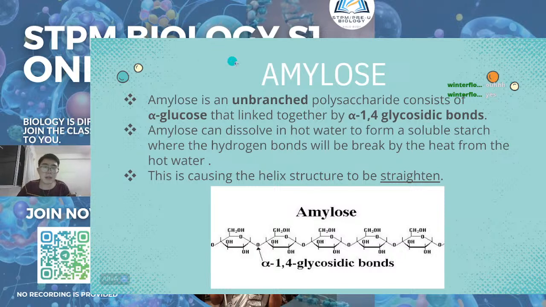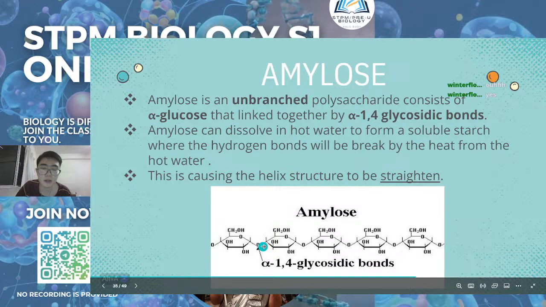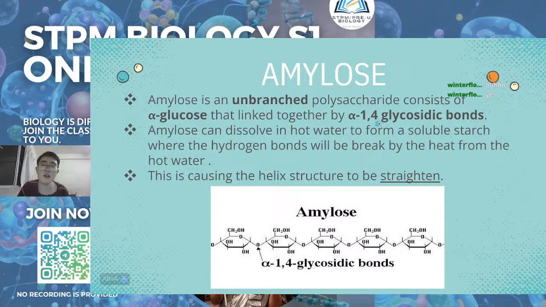For amylose, it is an unbranched polysaccharide. This is the keyword, unbranched. It consists of alpha glucose linked together by alpha 1,4-glycosidic bonds, because it is condensation of glucose, right? It is just normal condensation, only very long.